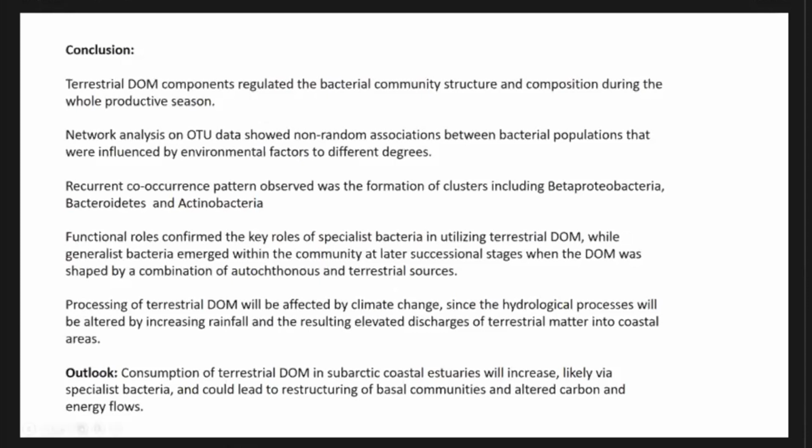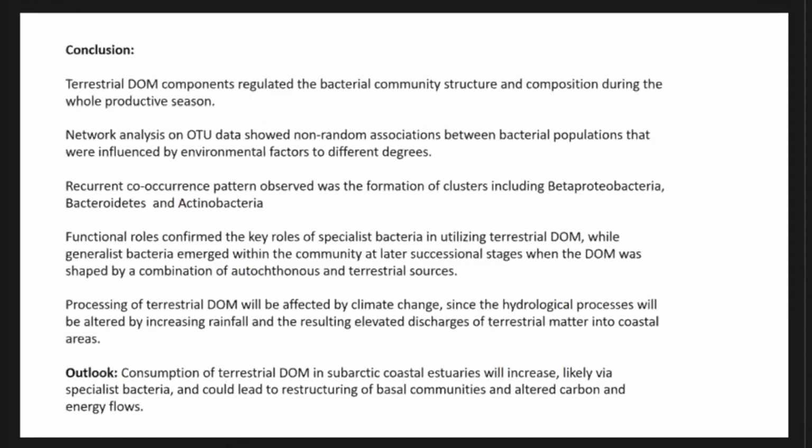But this is just speculation, or an outlook for the future: it may be that the consumption of terrestrial DOM in this kind of northerly coastal estuary will likely increase due to selective forces for specialist bacteria.